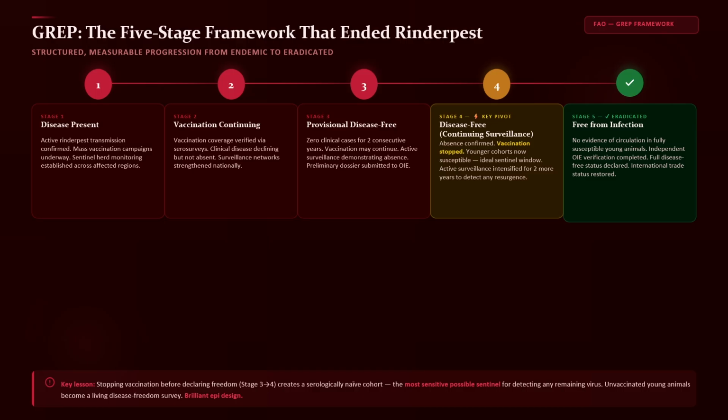Rinderpest declared globally eradicated in 2011 by FAO and OIE. The causative agent is a morbillivirus of the Paramyxoviridae family. The key tool was the Plowright tissue culture live attenuated vaccine, single dose, lifelong immunity. GREP used a 5-stage progressive framework for country-level certification.